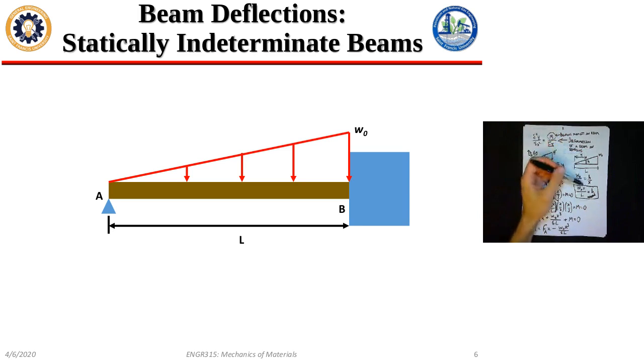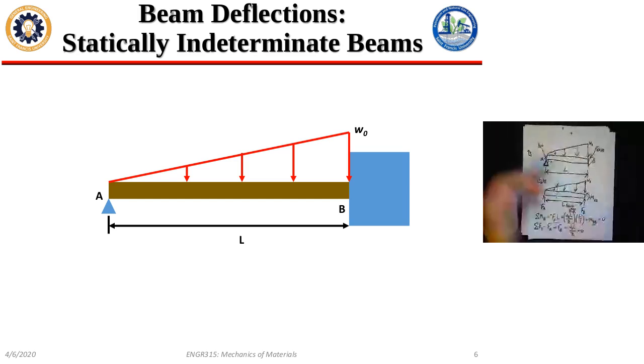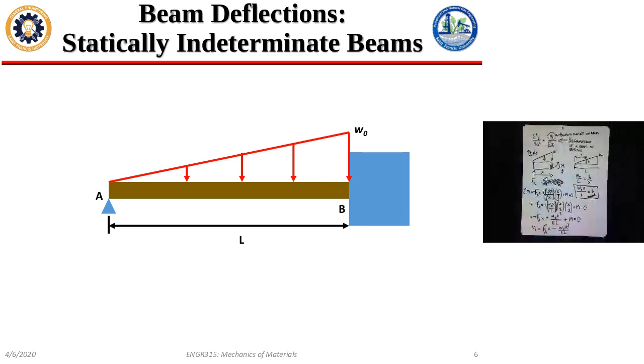So I can solve that for H, but I didn't call this H. I call it W prime. But really they're the same. They're describing the same thing. H is the height of the load distribution here, the W prime side. So they're the same thing. Okay, I just wanted to make sure. Yep.